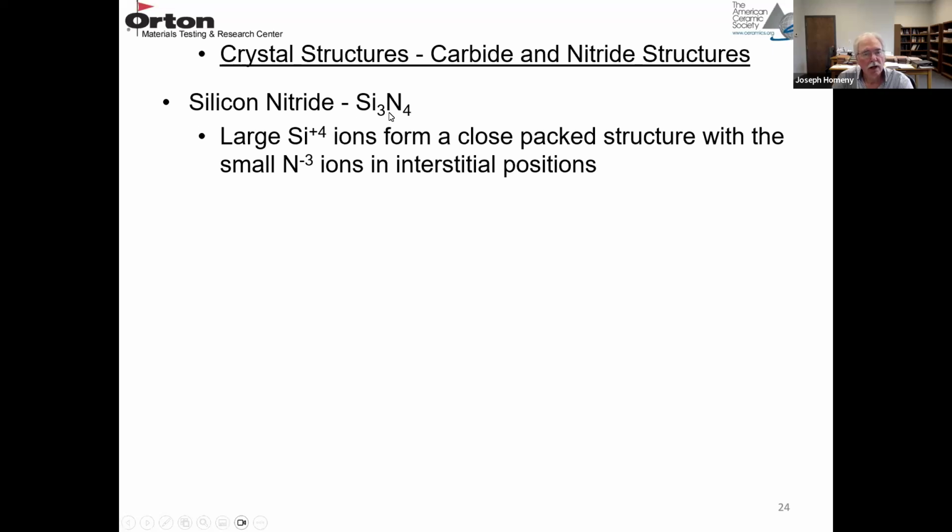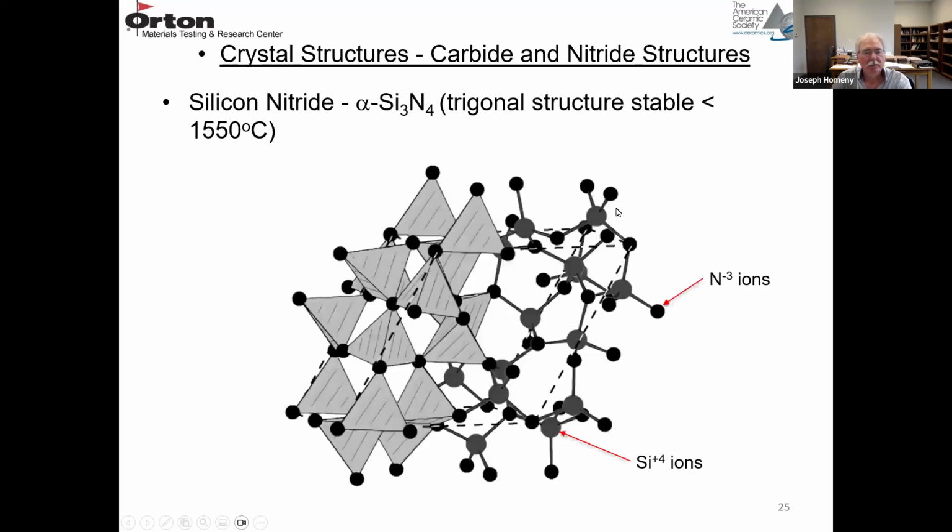And then the other useful non-oxide refractory material is silicon nitride, Si3N4. You have the large Si+4 ions in a close packed structure with the smaller N-3 ions in interstitial positions. There's an alpha and a beta form of silicon nitride.